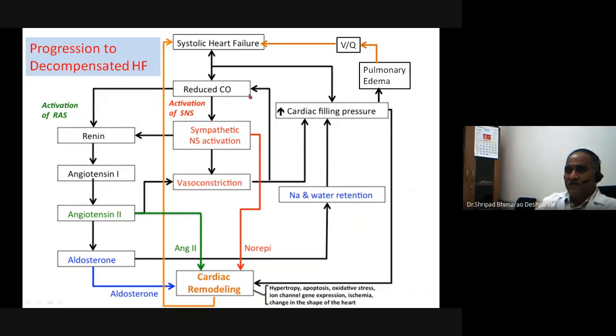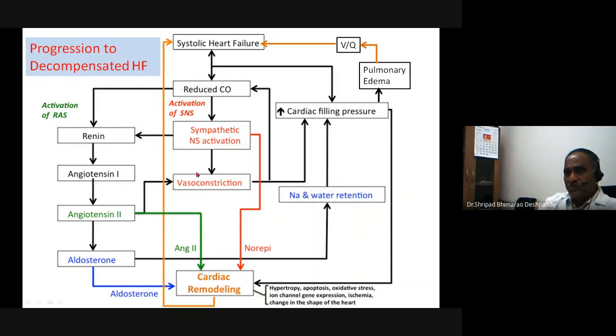Now this is one way. The second thing is reduced renal blood flow, activation of the renin angiotensin system. That means renin is activated, and angiotensin 1 is formed, and the sympathetic system also activates renin. Angiotensin 1 goes to angiotensin 2.